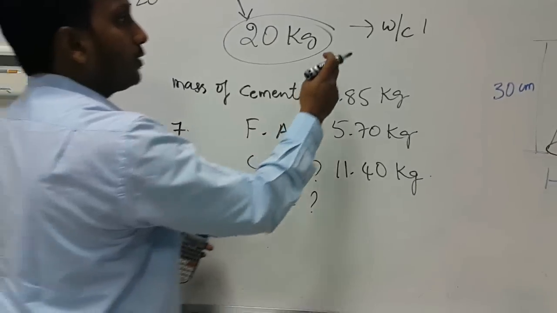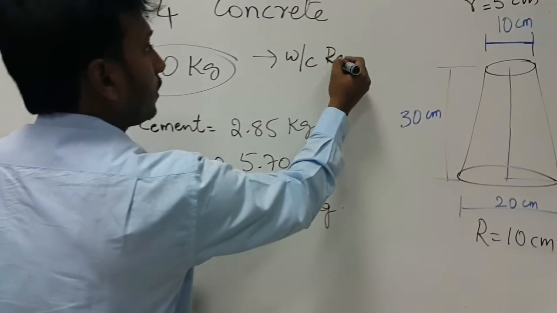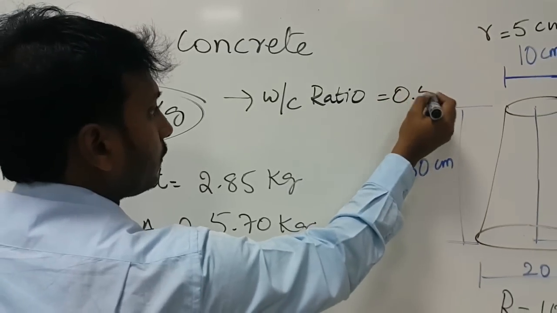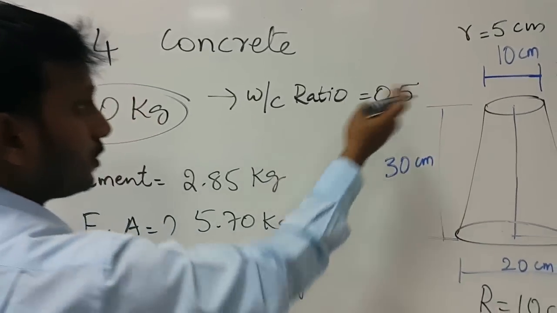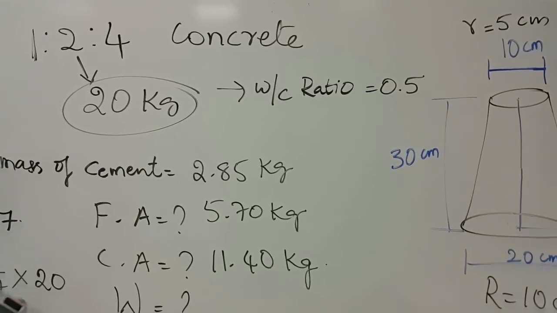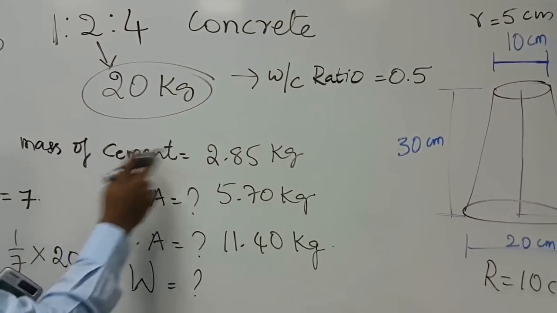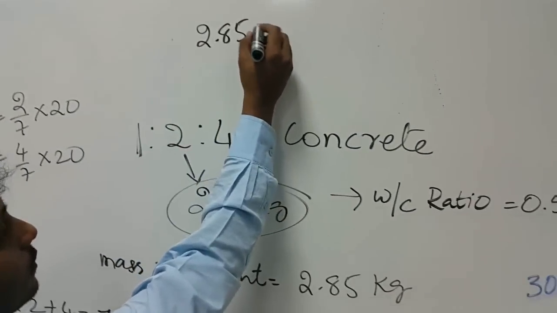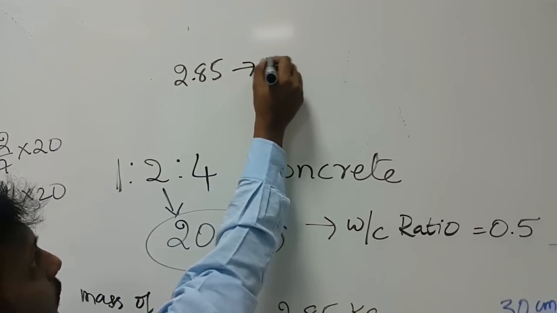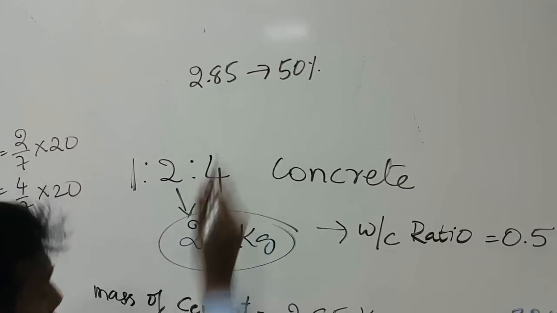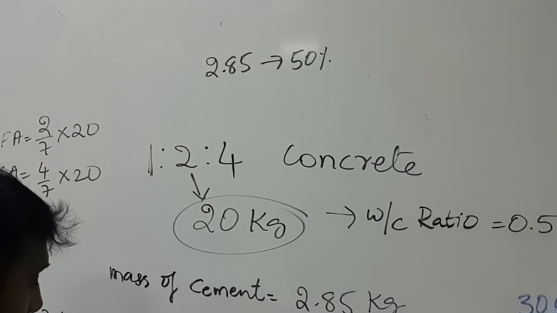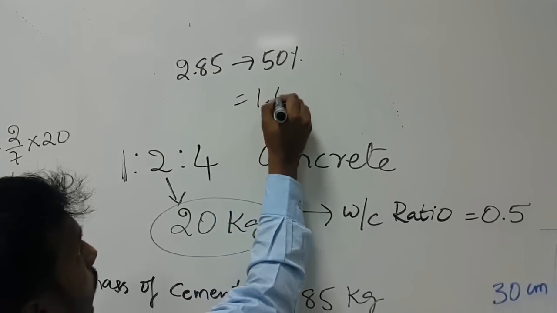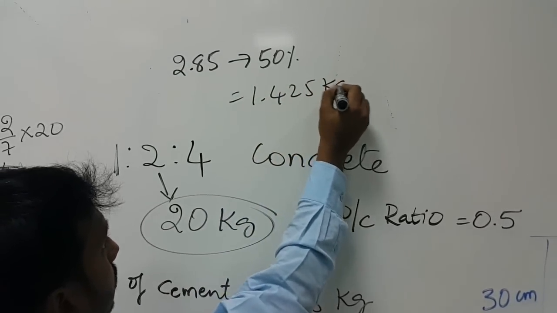Now we have to determine the weight of water. First we take the water cement ratio as 0.5. So 0.5 means 50%. Here 50% of cement, which is 2.85, is 1.425 kg.